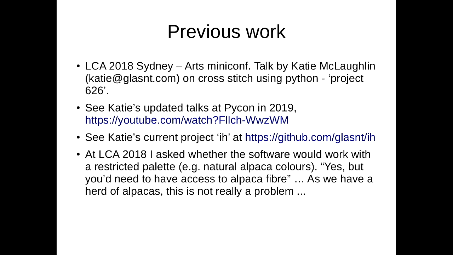But it explains exactly what her project is. That's apparently how you pronounce it. IH is how you type it. And you can download that. In order to finish the software install, you will need to get a copy of her executable, which is in Python.